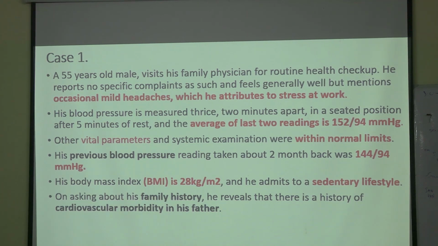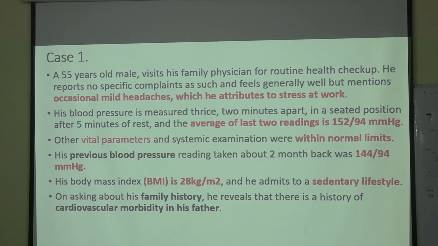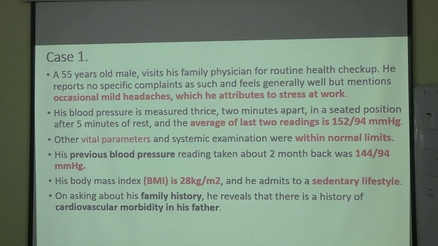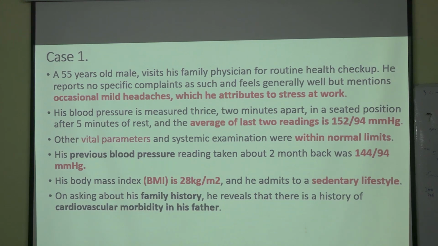So all these factors indicate something, right? All these factors are responsible for the changes in the blood pressure value, and this blood pressure value persists for a longer period of time.